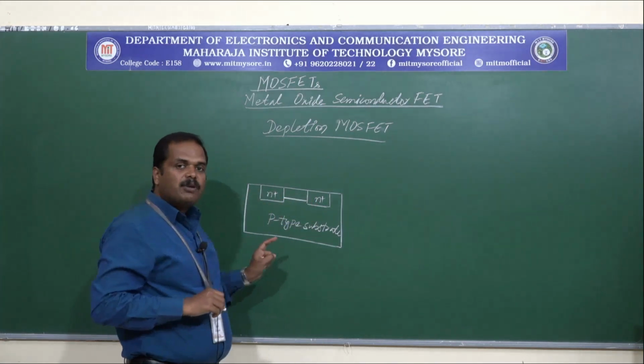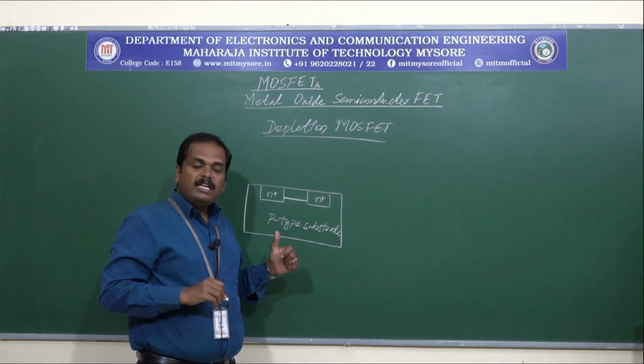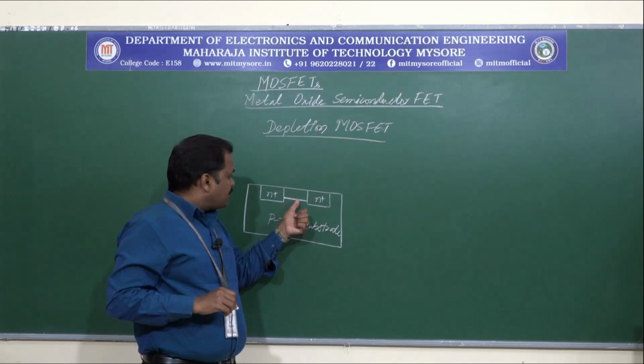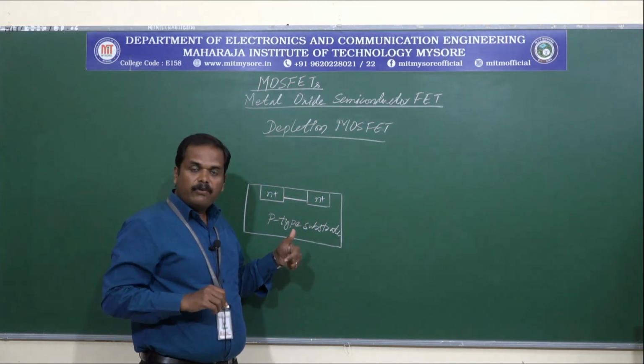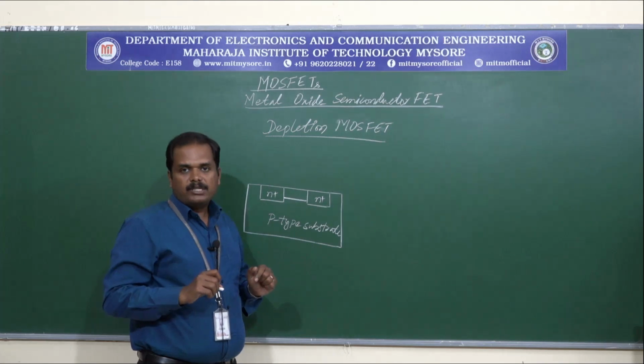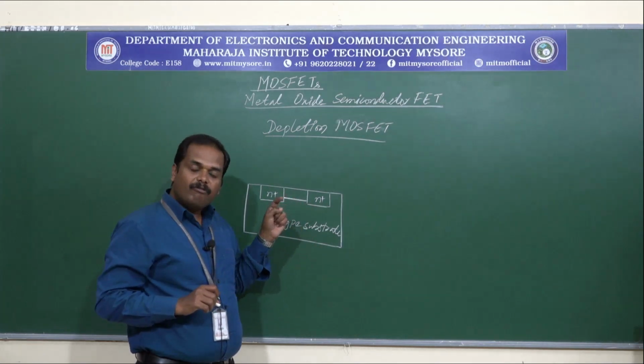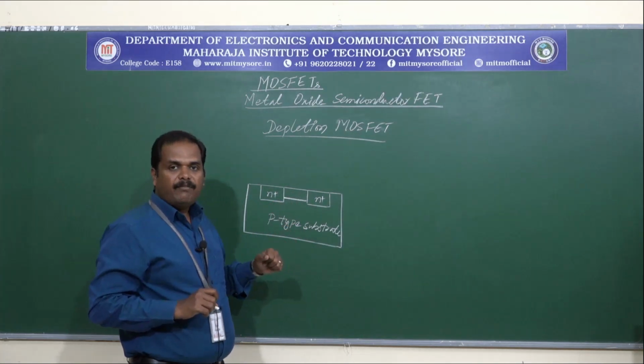So this is the difference between the enhancement mode device and the depletion mode device. In the enhancement mode device, the channel will not be available by default, it will be created by applying a positive gate voltage. But here in the depletion mode transistor, the channel region will be available by default.